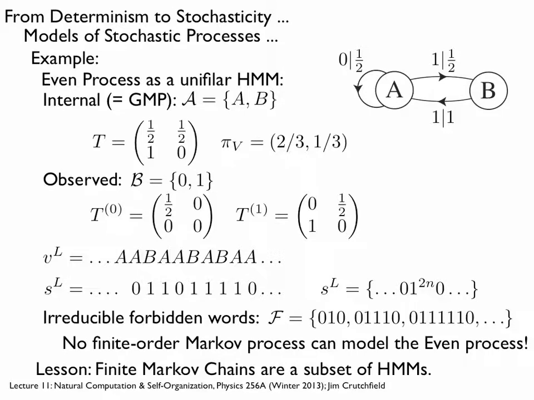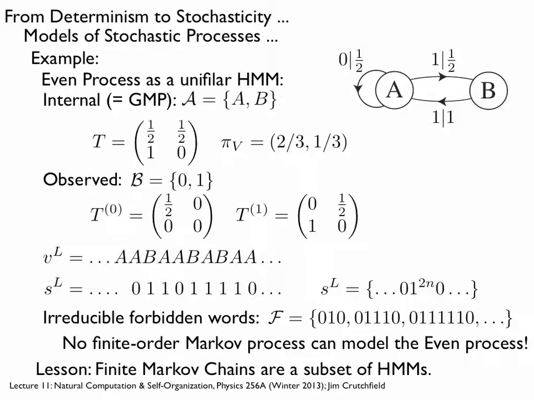So the internal structure here, if I just drop the observed symbols, is just the golden mean process. Right? This is the no consecutive B's process, internal. And with all the golden mean probabilistic properties: state A with probability 2/3, state B with probability 1/3.